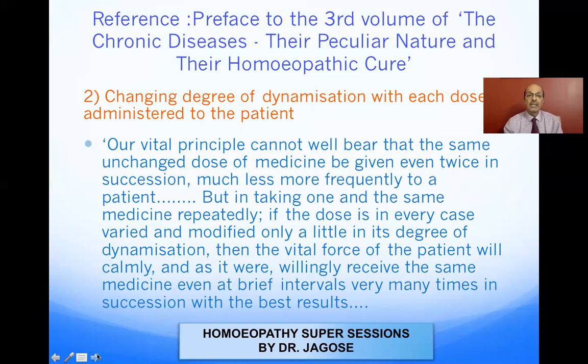So, in chronic disease, it tells you that if you give the unchanged dose of the medicine frequently, then not much difference will take place. However, if we modify the dose and in each case increase the degree of dynamization, then the vital force will accept this change and will give you beneficial results.